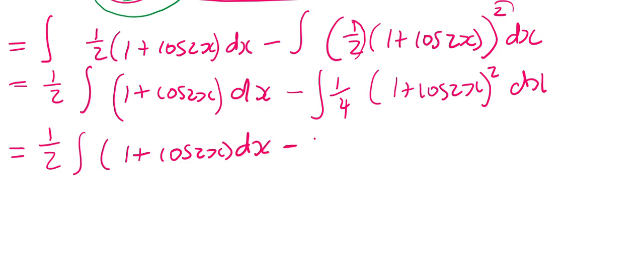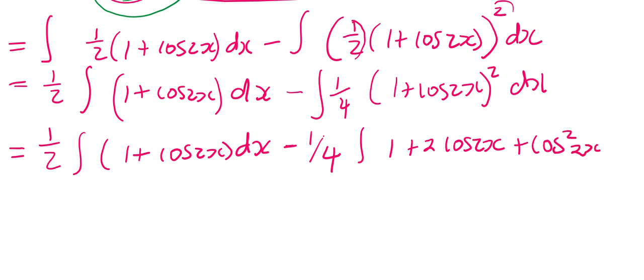I'm taking out the 1 over 4, then the integral of 1 plus 2 cos of 2x plus cos squared 2x dx.